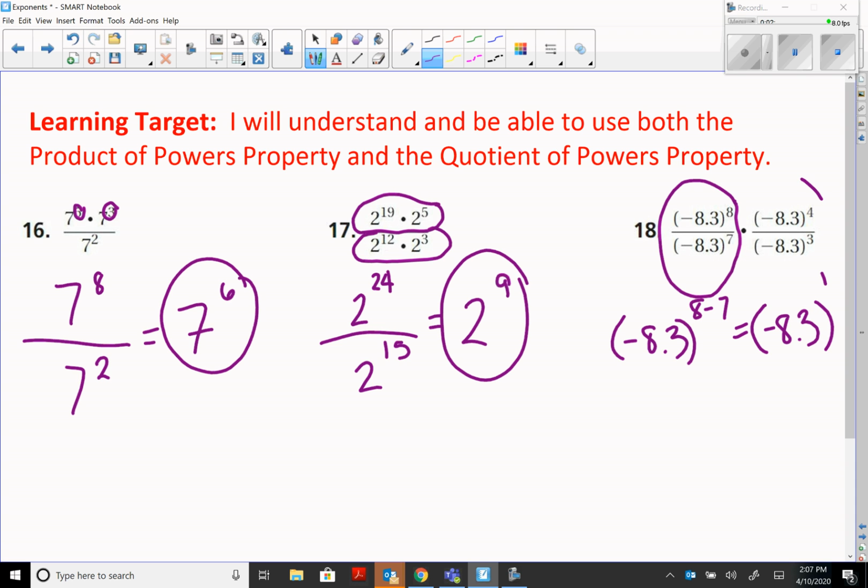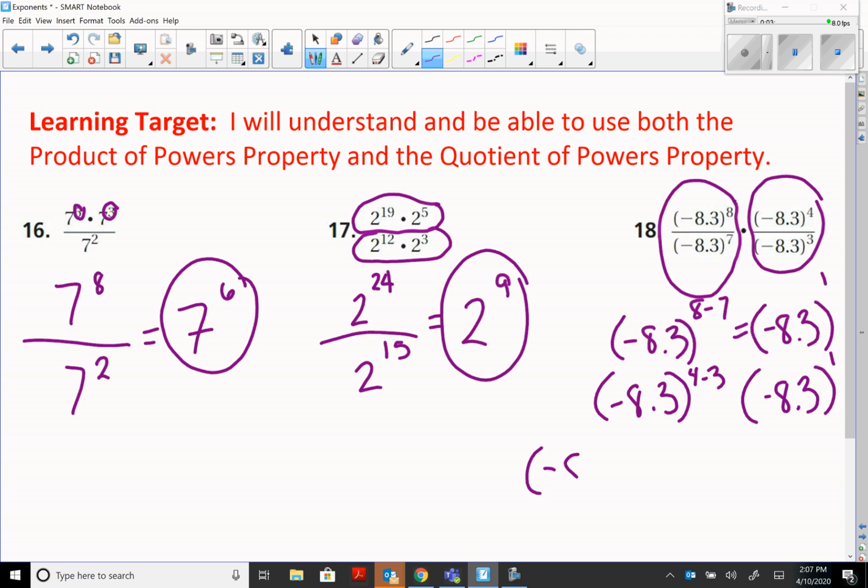Then I'm going to use the quotient of powers property on my second fraction. So negative 8.3 to the power of 4 minus 3, which is negative 8.3 to the power of 1. So now I have two numbers that I am multiplying.